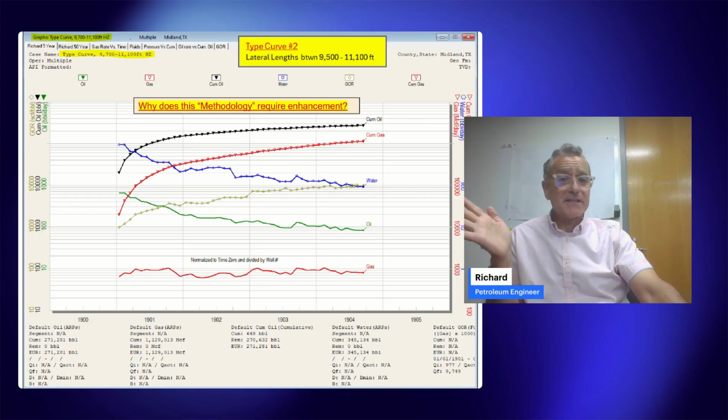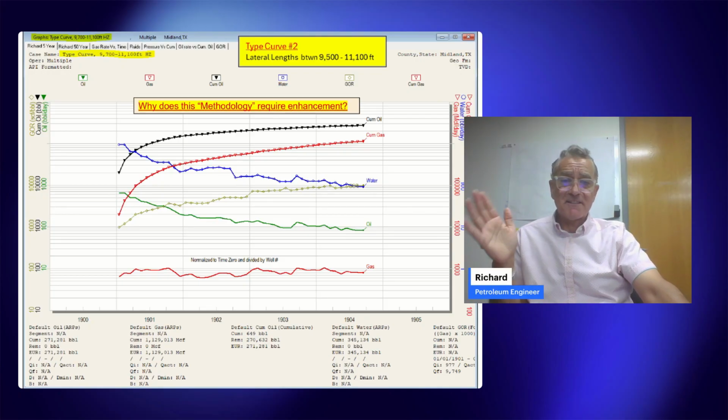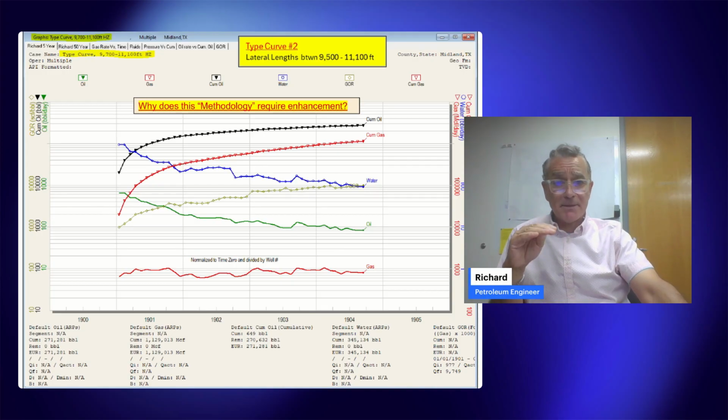Now, some people may very well deem that they're done. And I understand that. I'm just going to point out that in my opinion, you're not. And I'm going to explain what enhancement is required in order to go to the next level.